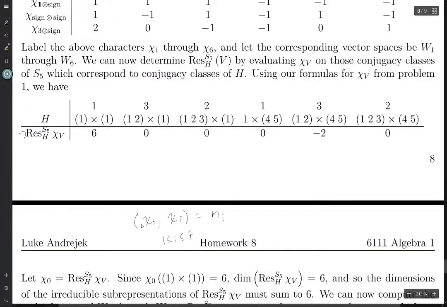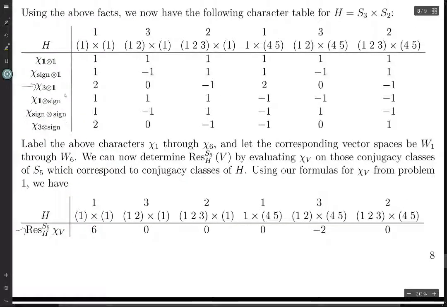But we know that if we look at chi3 and chi6, so 3, 4, 5, 6, these two rows are exactly the same except on this column and this column. But what happens in these two columns? We look down here and we have a 0 here, and for this column we have a 0 here.